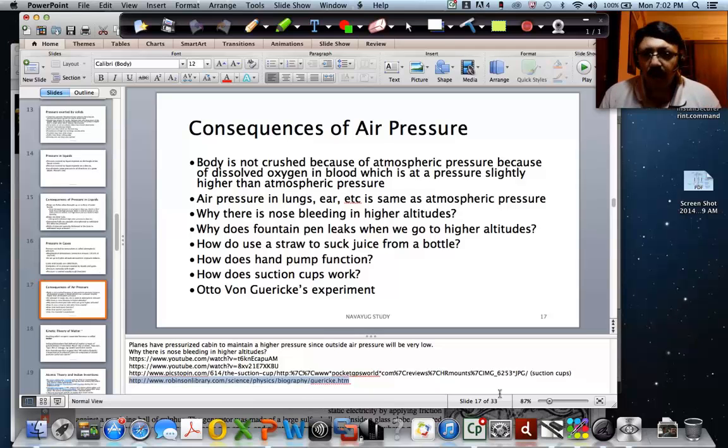So, if you look at what we have seen till now, we have looked at what is force, what is pressure, and last session we were looking at the pressure exerted by liquids, right? And what are the things we saw? We found that the pressure exerted by liquid is directly proportional to the vertical height of the liquid column.